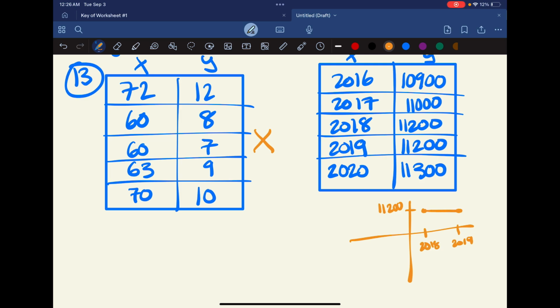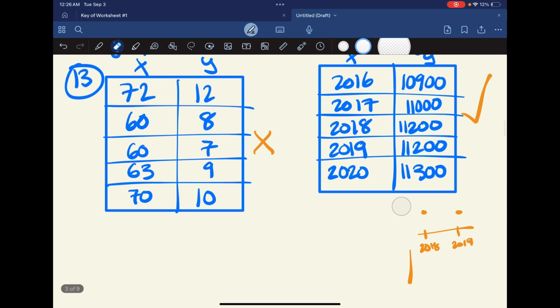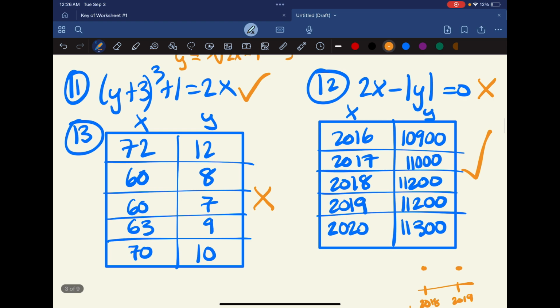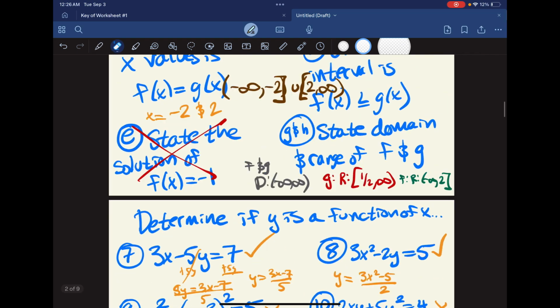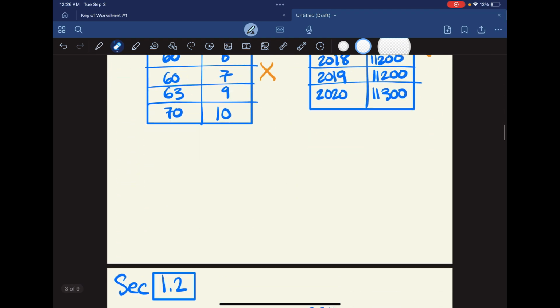We can have a horizontal line, that's not a big deal, that's totally fine. So we can have repeat y values, we just can't have repeat x values. So that's why number 14, it's supposed to be numbered 14, sorry about that. That's why number 14 would pass, would be a function of x, but 13 would not be.